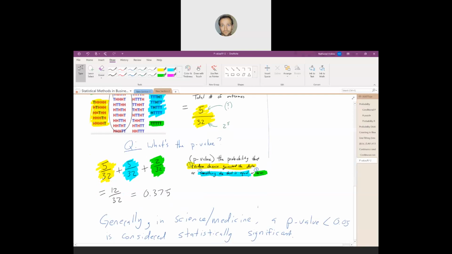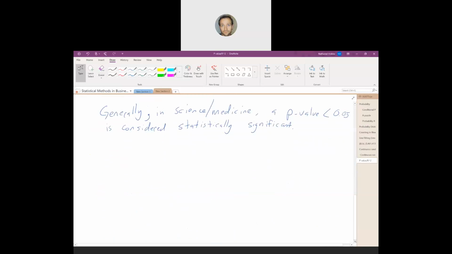Why 5? Good, very good question. Why 5? Why not 4? Why not 3? It's just a general kind of bar that says that 95 times out of 100 you'll be correct.